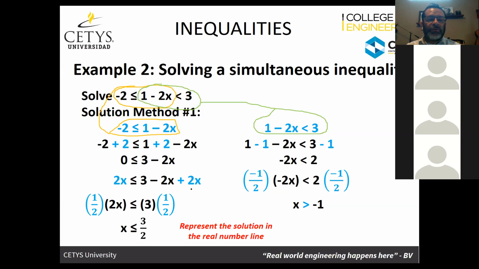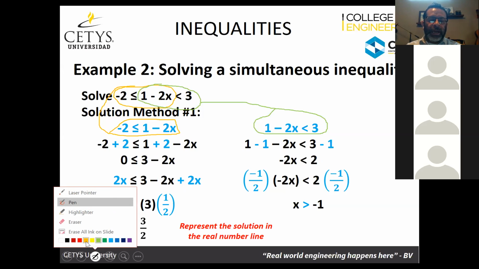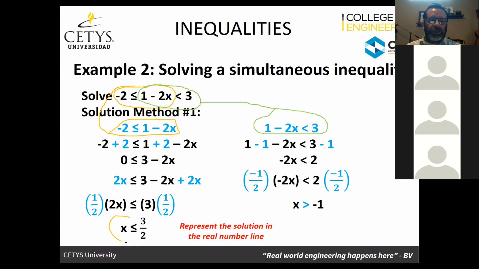Then we're going to add a 2x on each side, so we can send this minus 2x to the other side, and this gives us 2x less than or equal to 3. We are going to divide by 2 or multiply on each side by 1/2, and this gives us x is less than or equal to 3/2. This is the first part, and this would be 1 part of the solution.